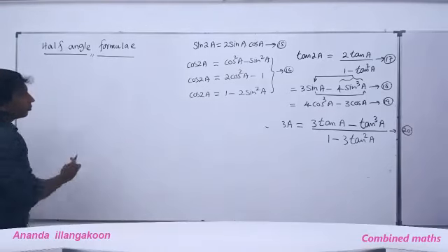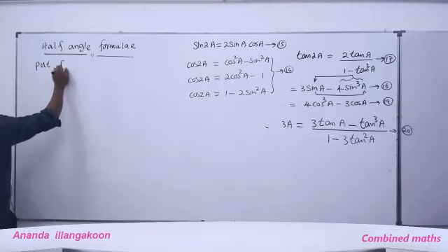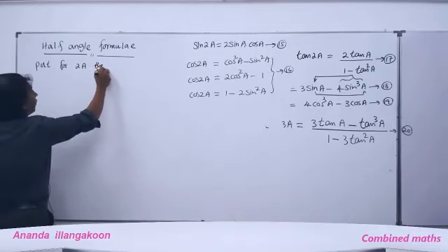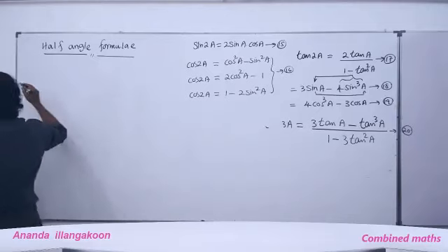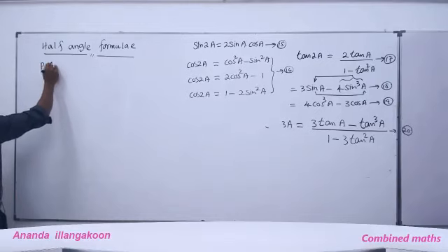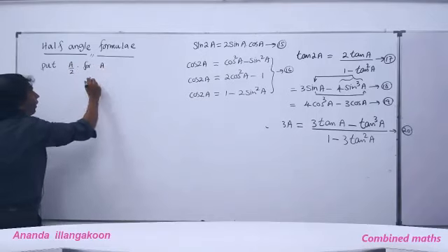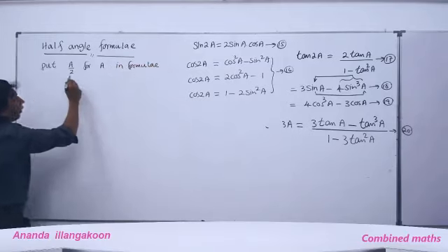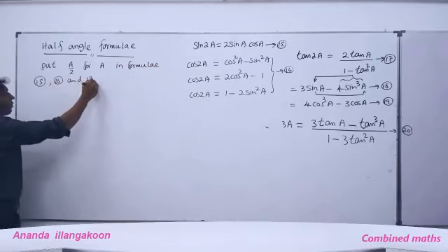Then we write that one. Right now, put 2a, or put a by 2 for A in formulae 15, 16, and 17.